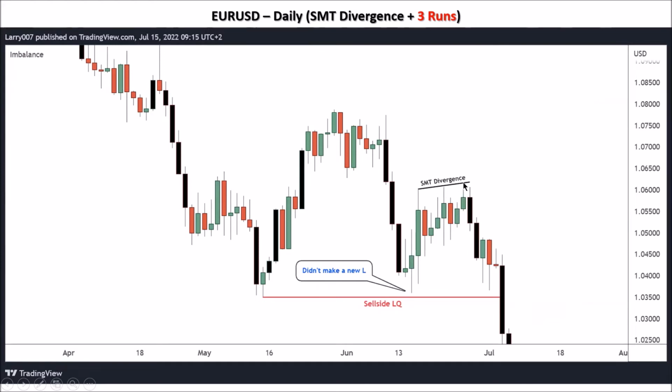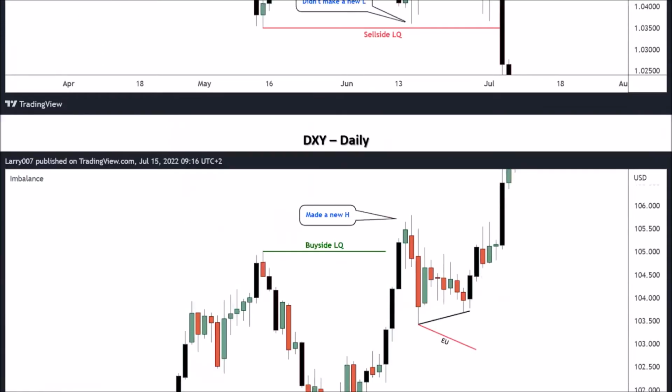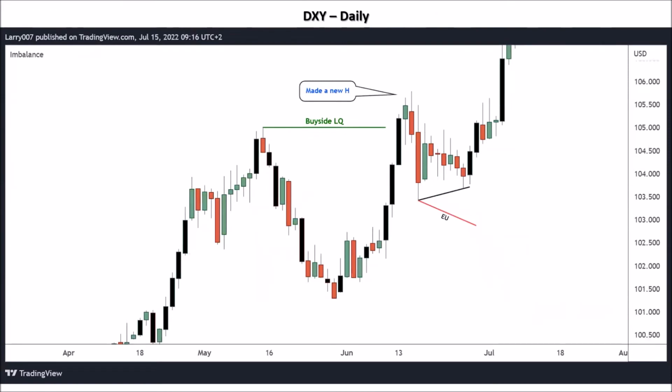I knew about the free runs, so 1, 2, 3, but I didn't know about the SMT divergence. So you have a sell side liquidity which is not taken yet, and the free runs plus the SMT divergence. While on the dollar index, we already have taken this liquidity.